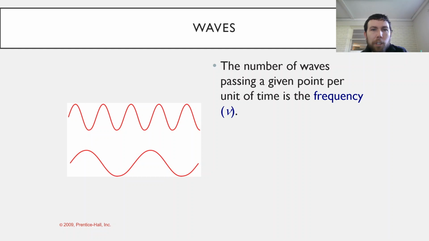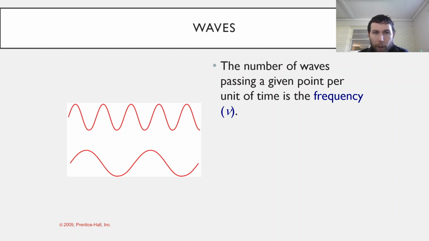When you look at waves, we had wavelength and amplitude on the previous slide. We can also think about frequency, which is how many waves are passing by a given point in a given time period. When we look at the two waves listed there, it's pretty evident that the wave on top has a greater frequency.